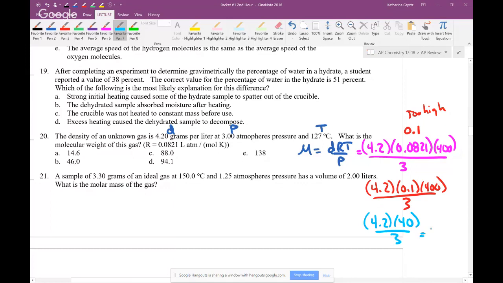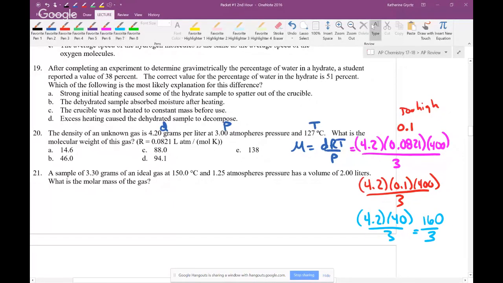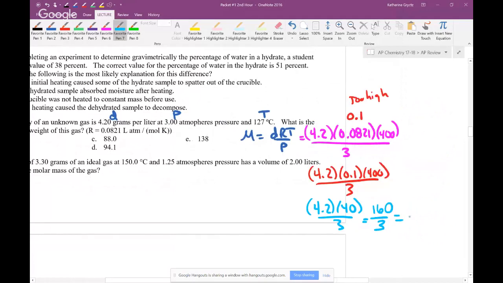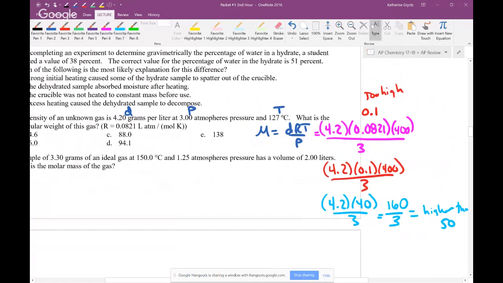It's going to be 0.42 times 4. You have to put that 0.1 with somebody. And then I would get roughly around 160 with 40 and 4. And then 160 divided by 3 is going to be a little over 50. But it's too big, so it would be B.